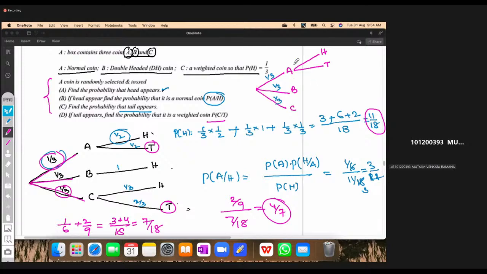Since it is a fair coin, the probability will be 1 by 2 and 1 by 2. Next, from B, you'll get only head because it is double-headed, so the probability is 1. Next, for C, you can get head or tail. It is the weighted coin, so head is 1 by 3 and tail is 2 by 3. You write the cases.